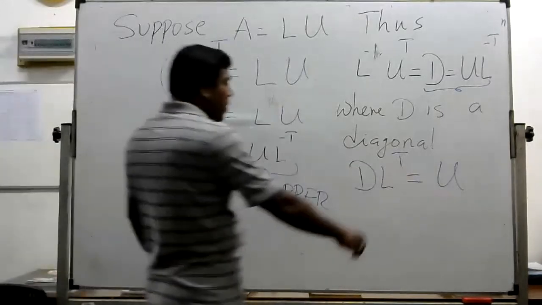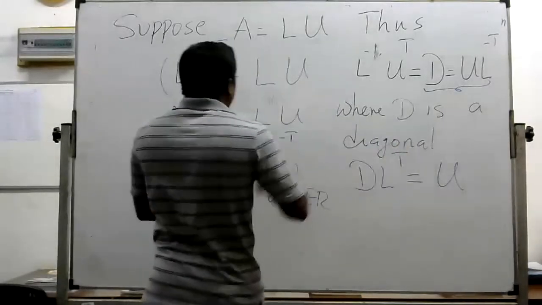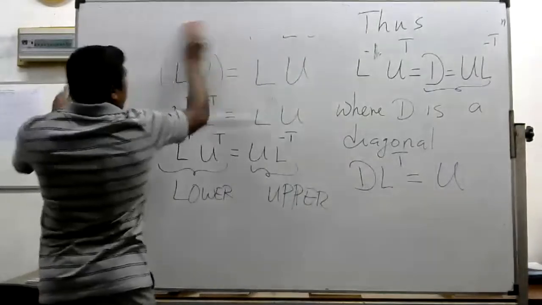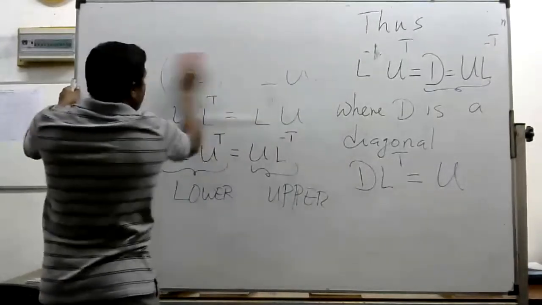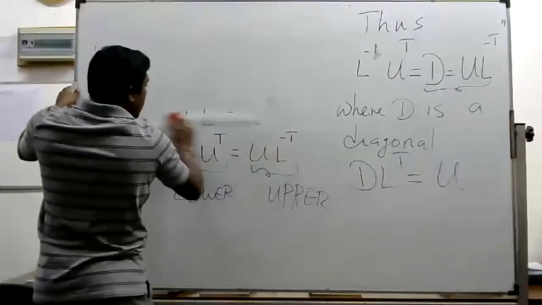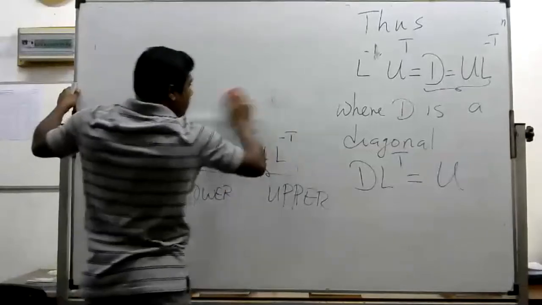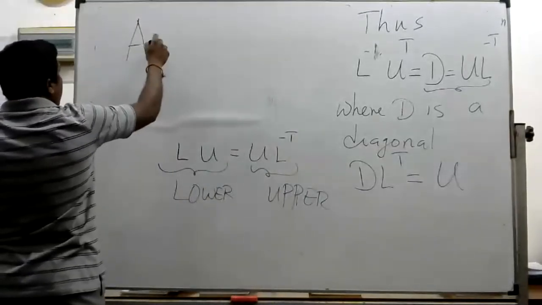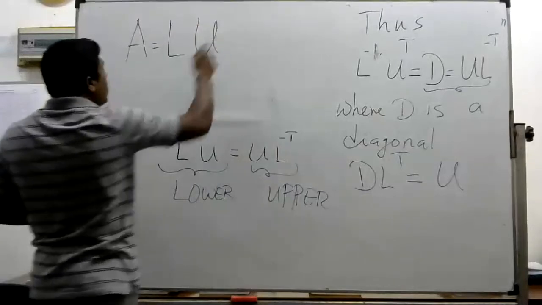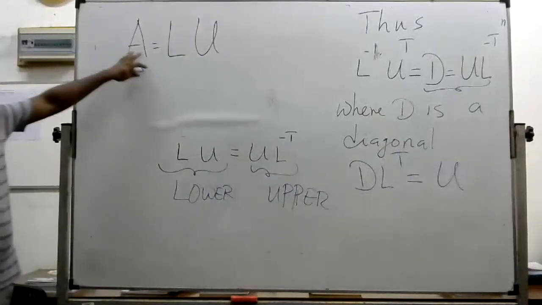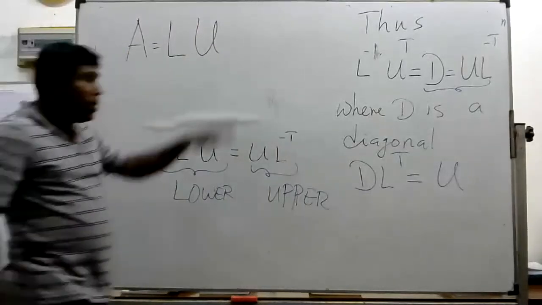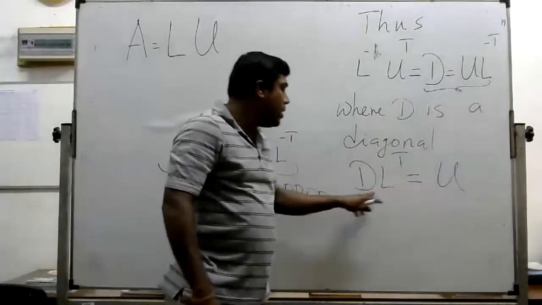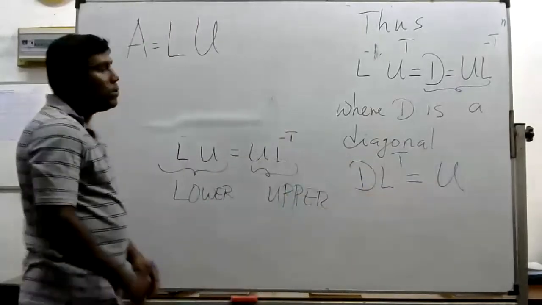Now what we have is, originally you have A is equal to LU, right? But because A is symmetric, you get to a point where U is equal to D times L transpose.